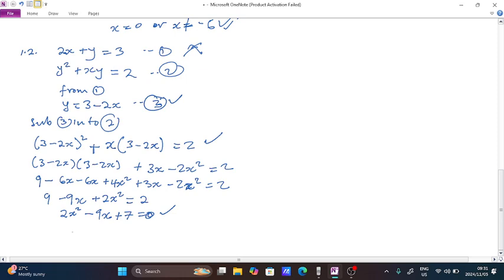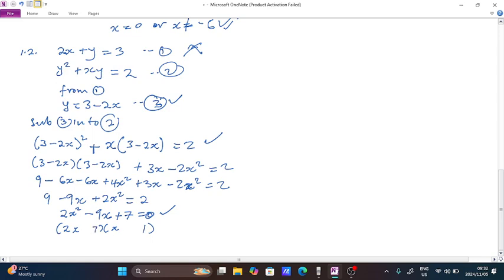Right now, what do you get? Let's see, 7 and 2, they must give us 9. So now I can use the quadratic formula again. But I can see that 2x and then x, then we must have 7 and 1.